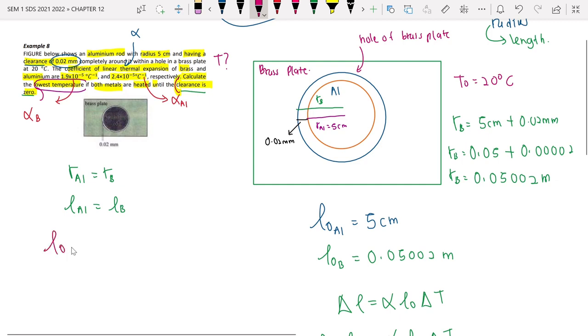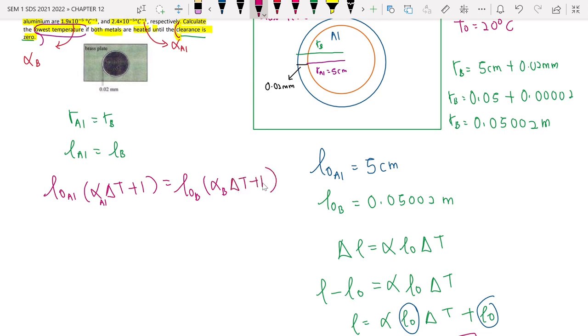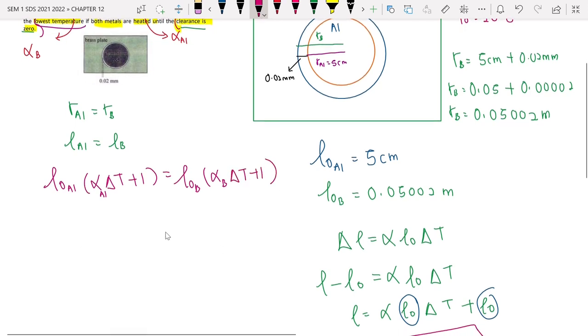Original length for aluminium times (coefficient of linear expansion for aluminium times change in temperature plus 1) equals the original length for brass plate times (coefficient of linear expansion for brass plate times change in temperature plus 1).